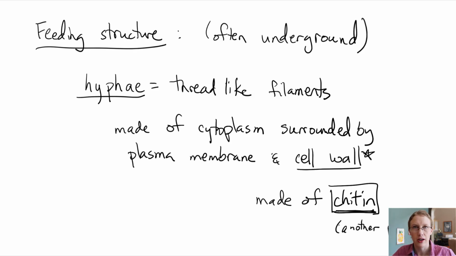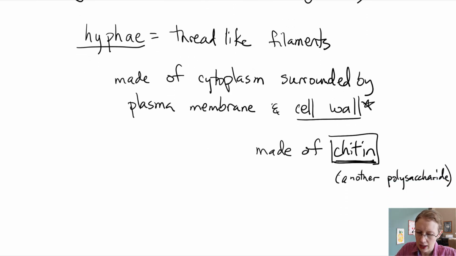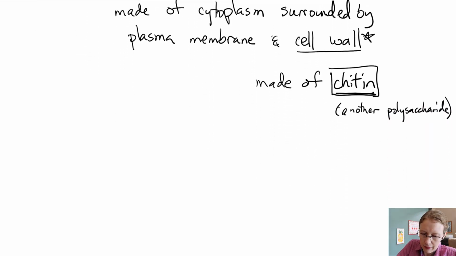Alright, so underground, the fungus has this whole network of hyphae. They're all interconnected. It makes a sort of mesh, and the whole thing is called a mycelium. So mycelium is a network of hyphae.